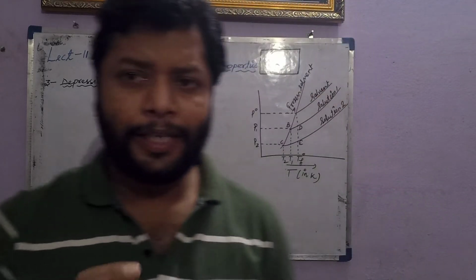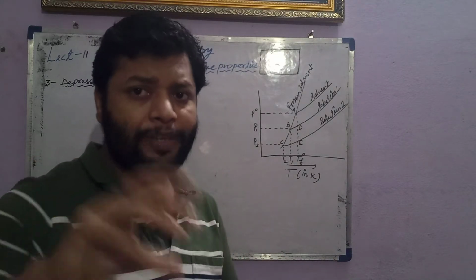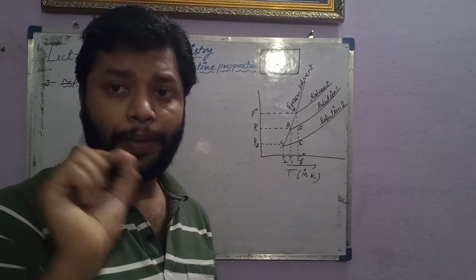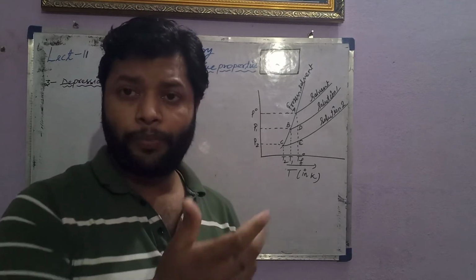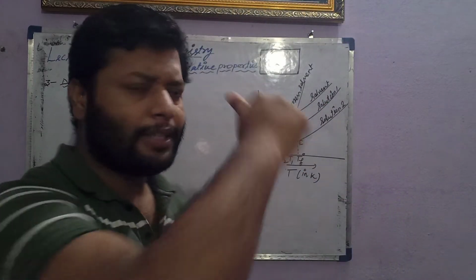So first I will make you visualize how this vapor pressure plays a crucial role to define osmotic pressure, elevation of boiling point, and depression of freezing point. Let's start.